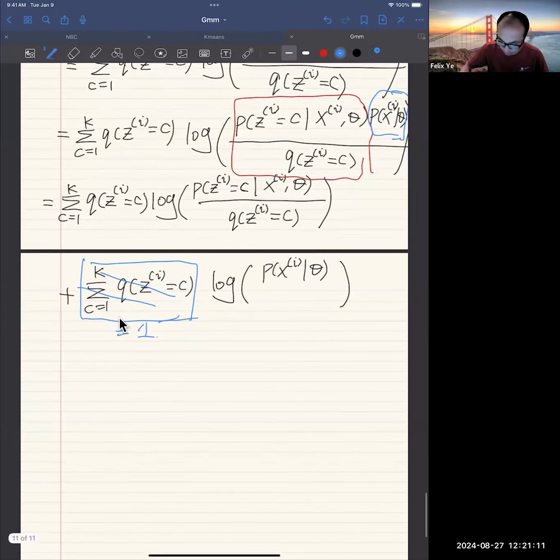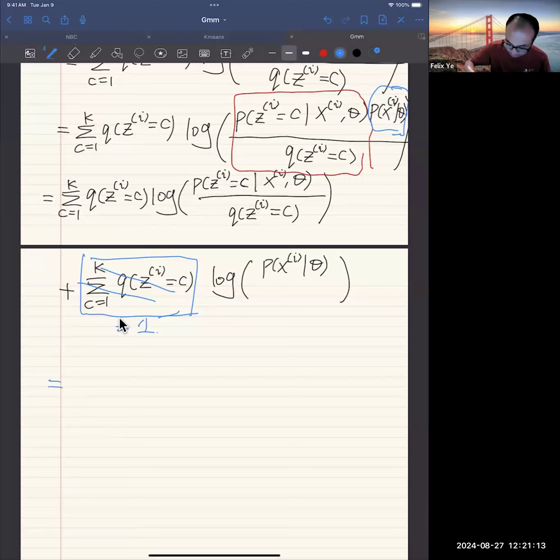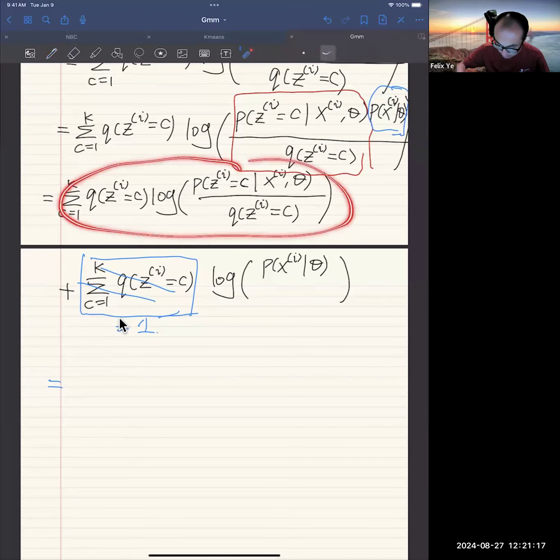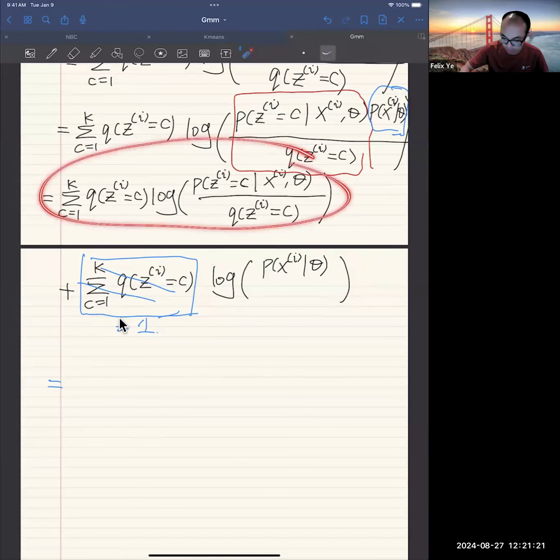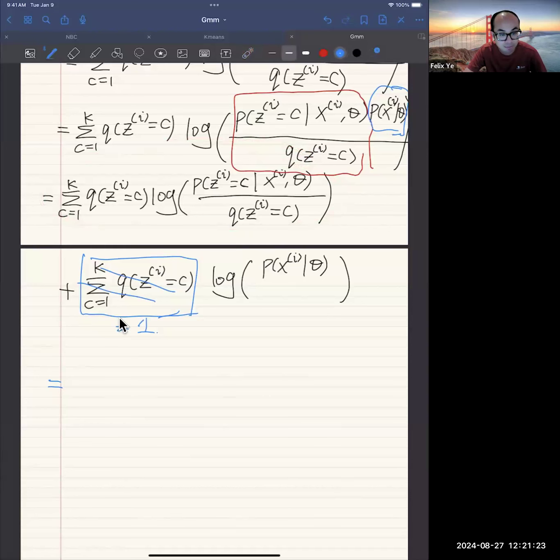At the end, the first term looks like this and the second term looks like that. So what is the first term? The first term has a name.